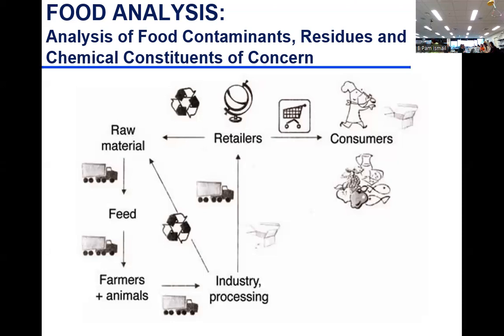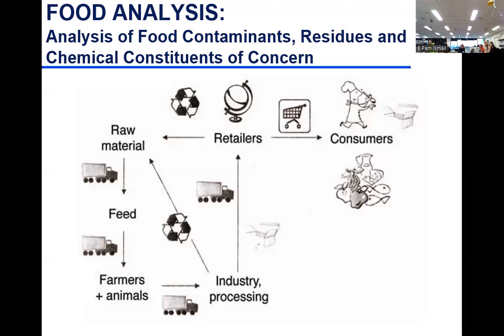You can have packaging, bisphenol A. Don't frantically write. It's going to be in the slide. Bisphenol A, for example, is present in plastic bottles, so in water bottles, and this is a carcinogen. So there are so many contaminants that can contaminate.